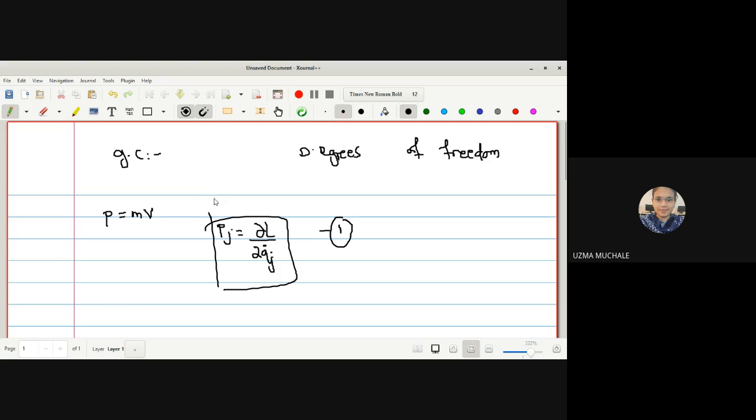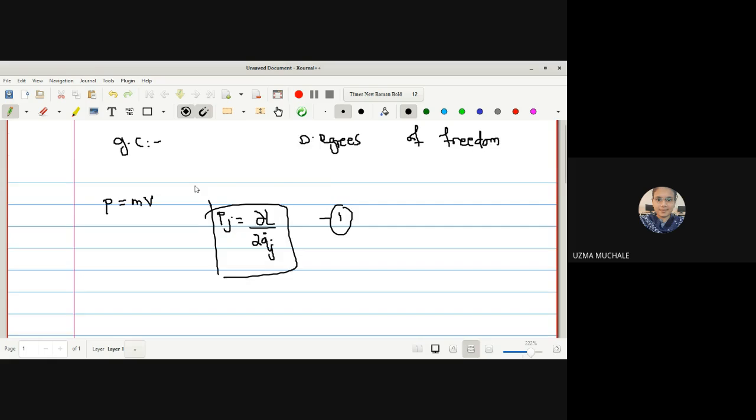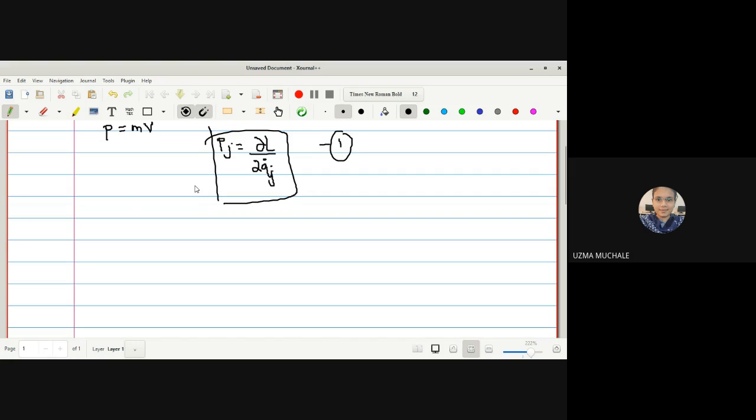So here the points we will cover are the generalized momentum and the cyclic coordinate. How to find the generalized momentum? The equation is Pj is equal to dou L by dou Qj dot.